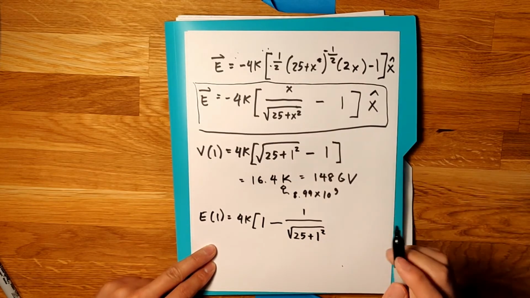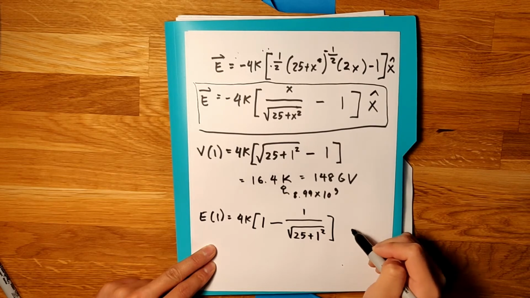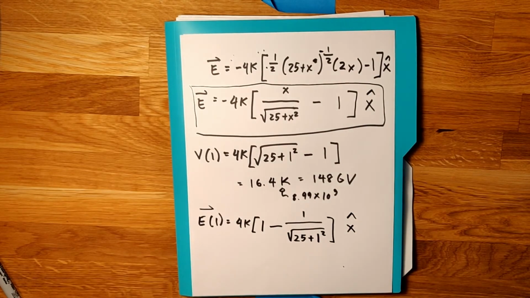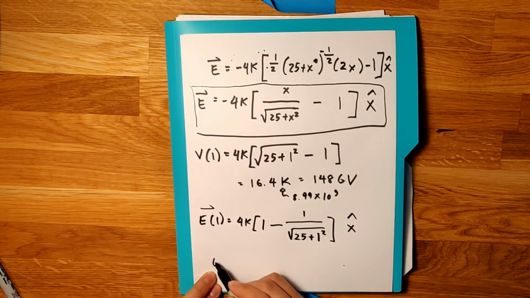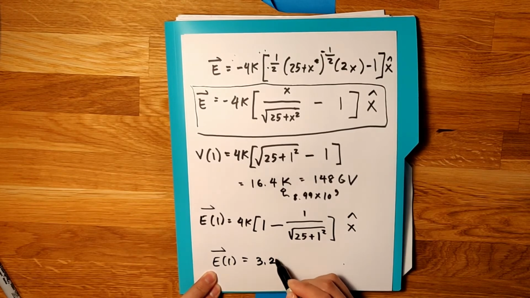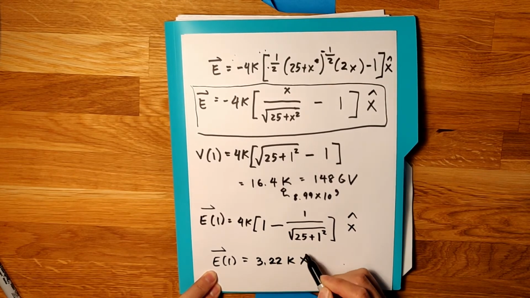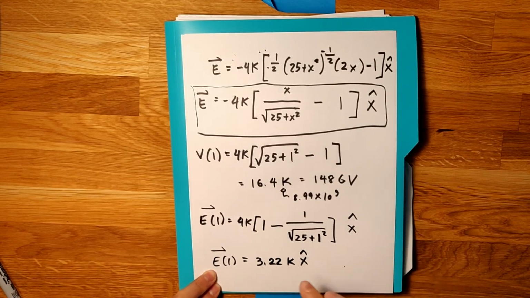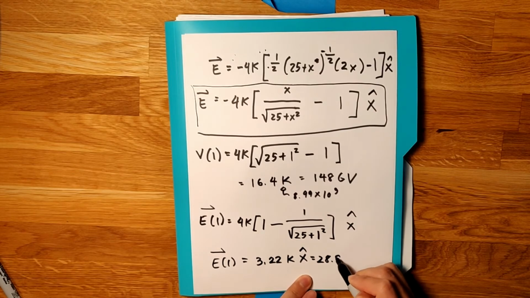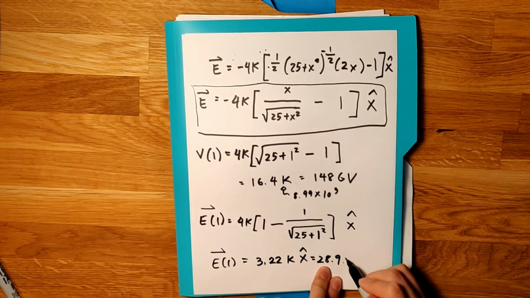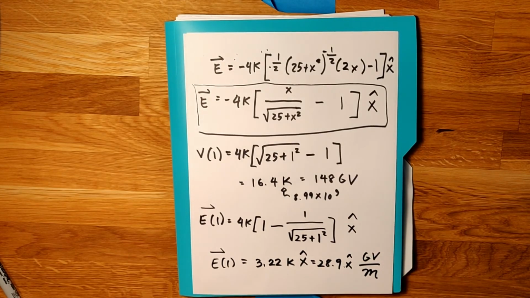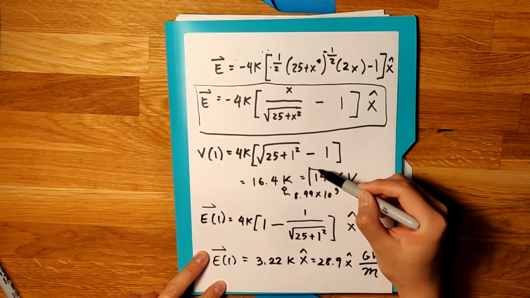But this time, remember to put the direction, because the E field has direction, so follow the vector sign. And then you will get E of 1 is simply equal to 3.22 k x hat. Plugging in our k, you'll get 28.9 in the x hat direction, gigawatts per meter. And this will be the final answer.